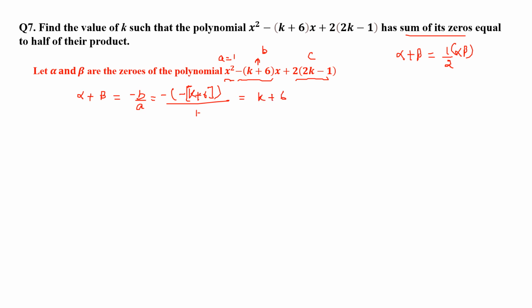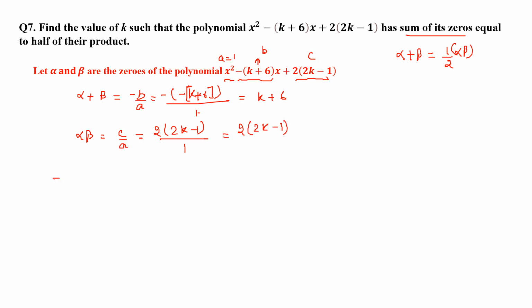Now alpha beta is c by a. Your c is 2 into 2k minus 1, and a is 1. So it is 2 into 2k minus 1.